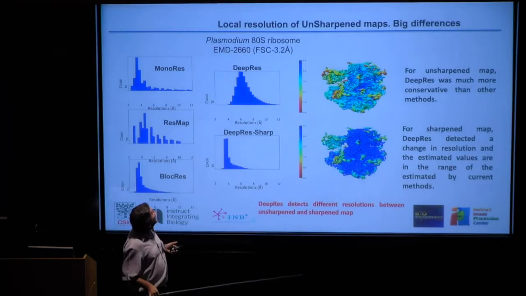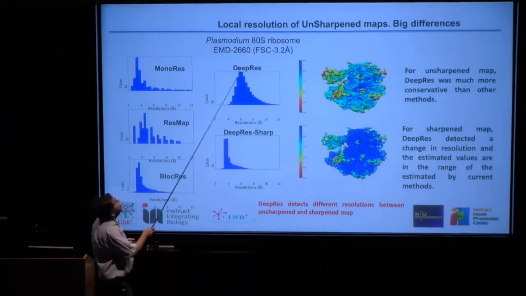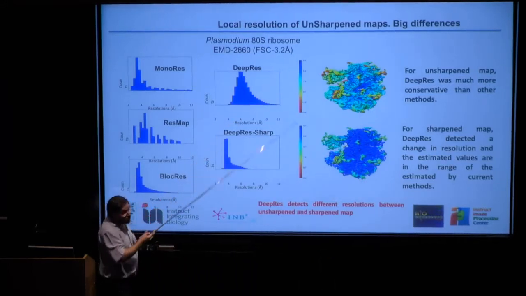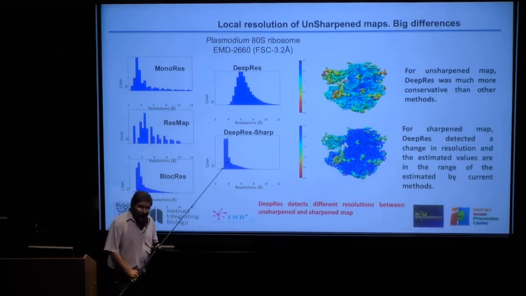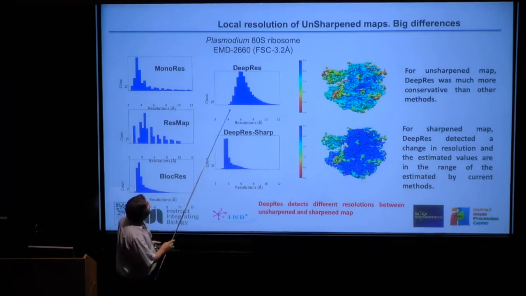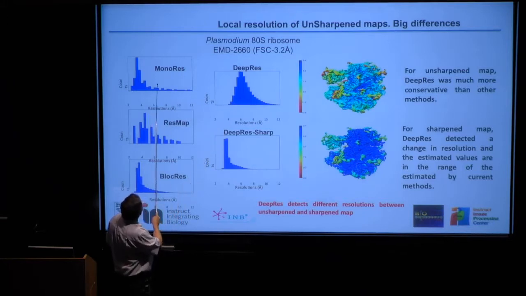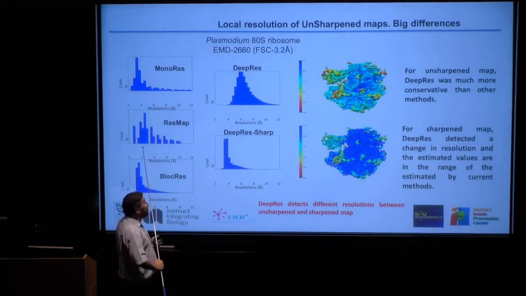And this is exactly what happened. So with sharpened and more blurred maps, I have the same thing as before doing the sharpening. However, the deep res is telling me that this is much more blurred than what I got from these other measures.